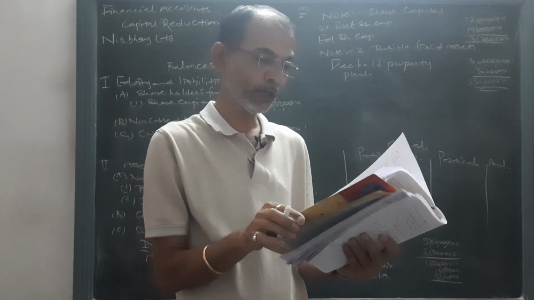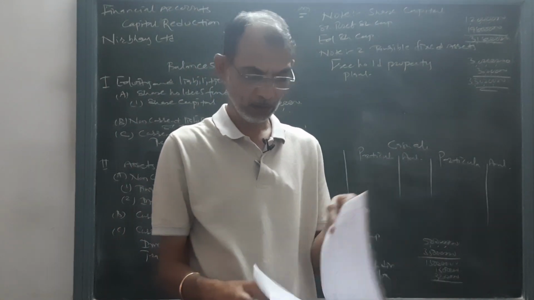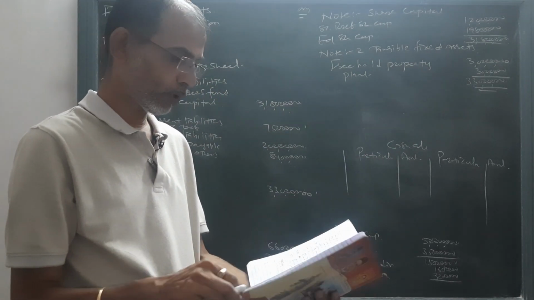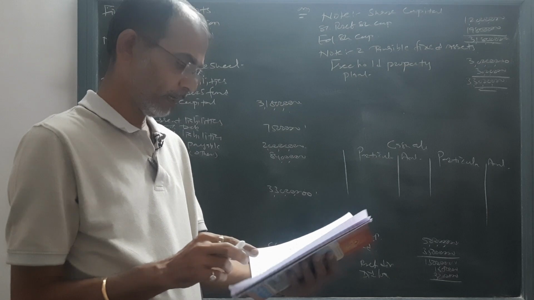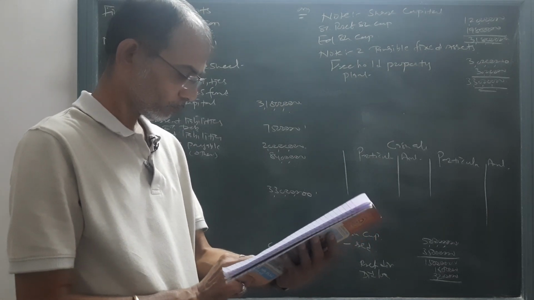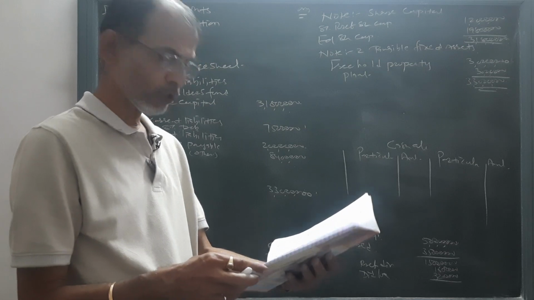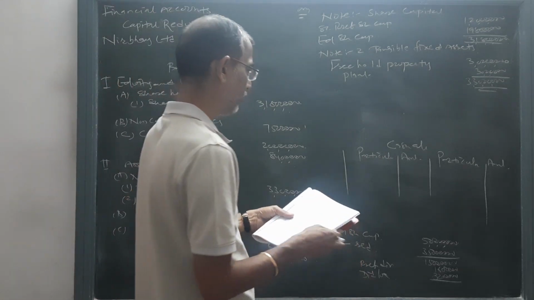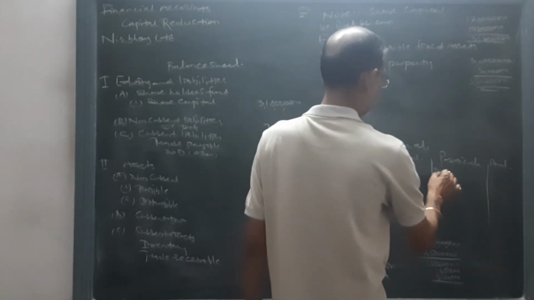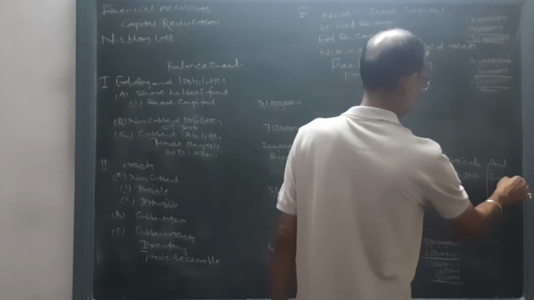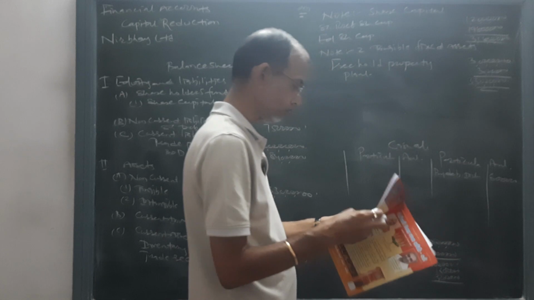But here cash account is to be prepared. In the original balance sheet there wasn't any cash, but first, debenture interest was paid in cash, that was 6 lakh.